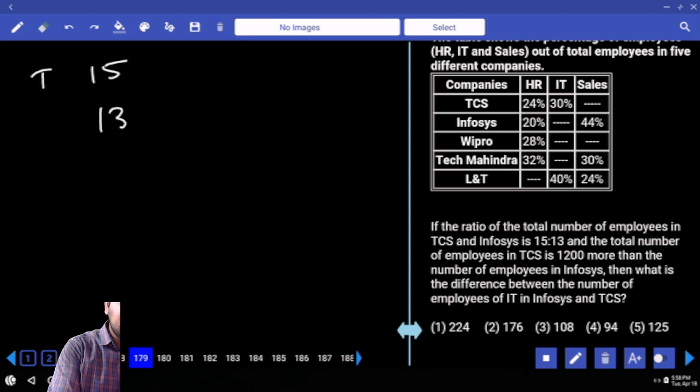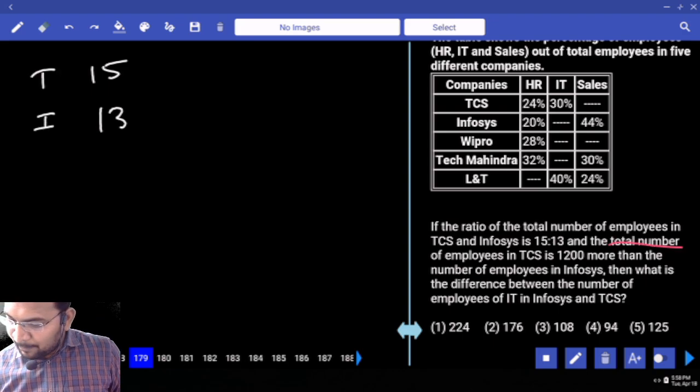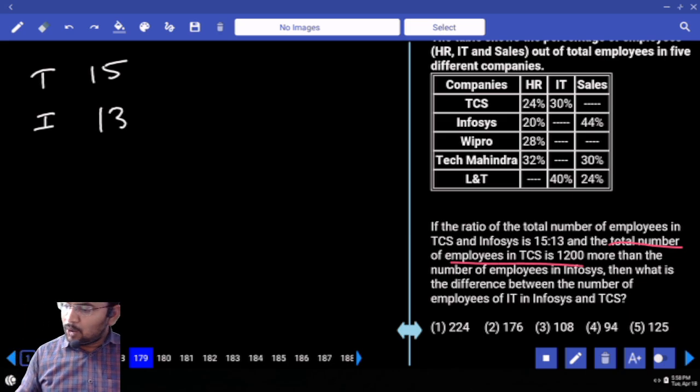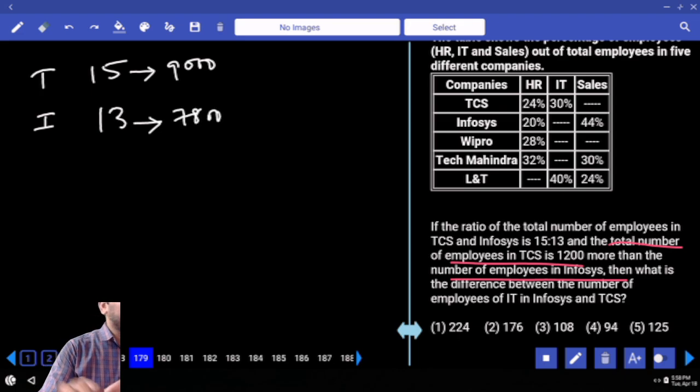Okay, no problem. Next, the total number of employees in TCS is 1200 more than the number of employees in Infosys. The difference is 2 parts. That 2 parts is nothing but 1200. Each part is 600. Then 15 parts is 9000 and 13 parts is 7800. Now 1200 more, yes?